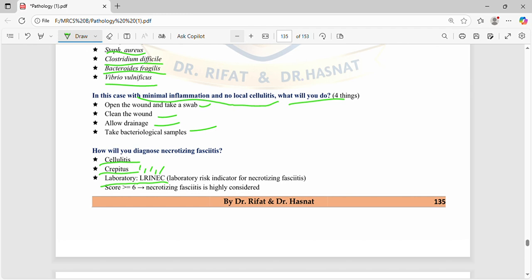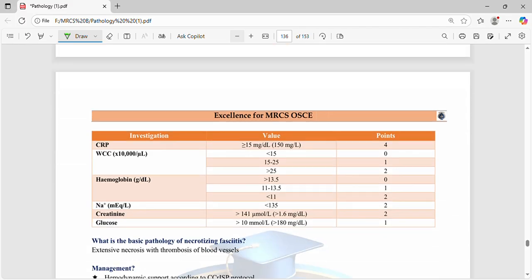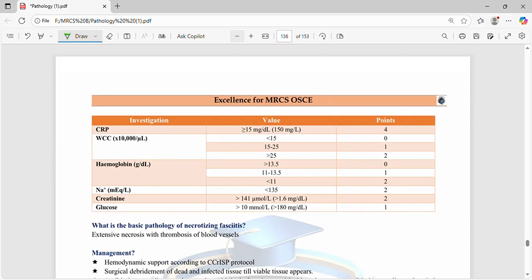So this is a score. With a score greater than 6, necrotizing fasciitis is highly considered. I will share its picture in the WhatsApp channel. Okay, we can discuss it here as well.